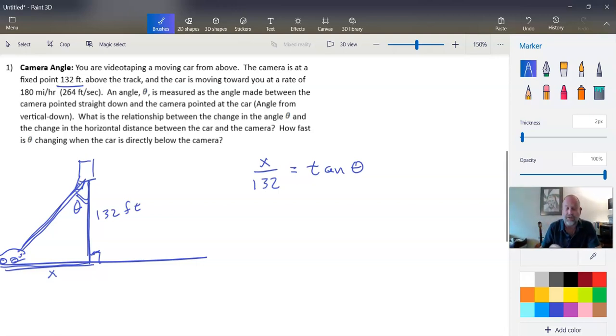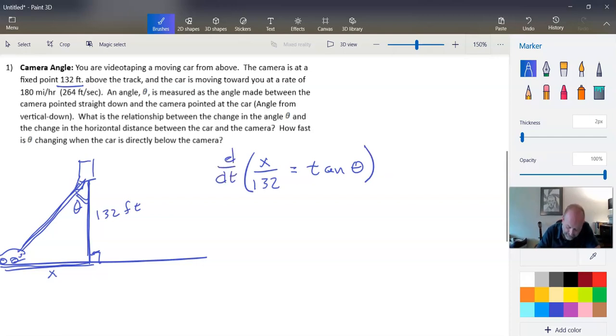So we want the change in theta over time, and we're looking for the relationship between the change in distance and the change in the angle over time. So what we're going to do is take d/dt of both sides of this.